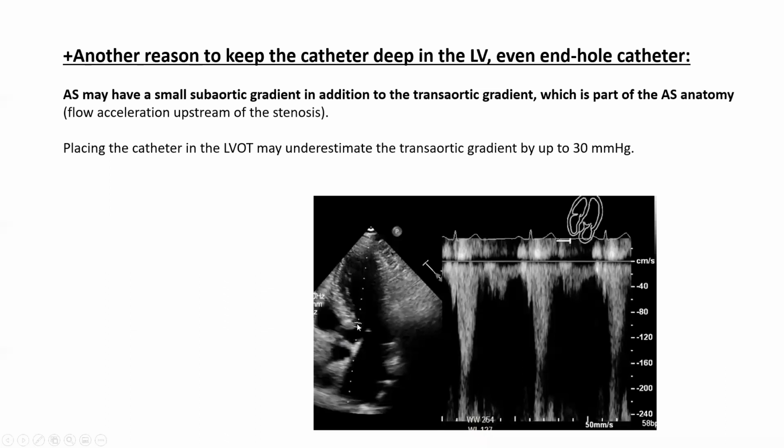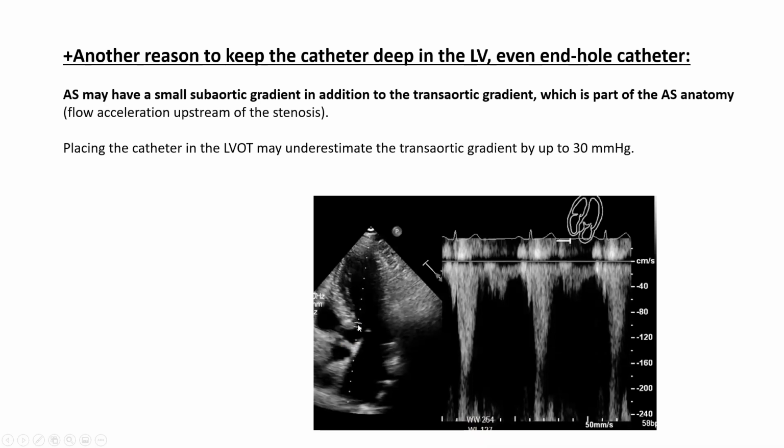It's the same thing you get on echo, the flow acceleration, the aliasing that starts upstream of the valve. So you have a continuum of pressure gradient that starts across the LVOT and peaks at the aortic valve. So if you put your catheter, even an end hole catheter, across the LVOT rather than the LV body, you're going to underestimate that gradient, because the gradient builds up and peaks at the aortic valve.